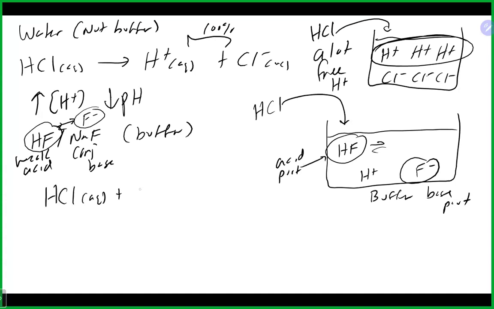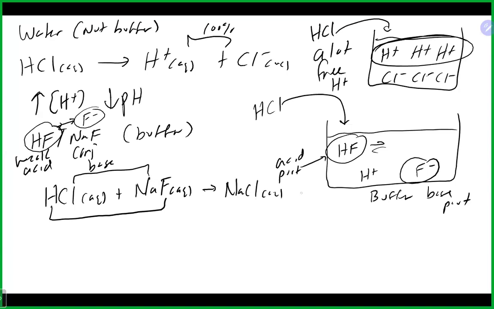The HCl, which is an acid, will react with the sodium fluoride in this example, which is the base, and it will do a double displacement reaction, and form some sodium chloride and some HF. One of the things that very much happens in a buffer is when you add acid or base to a buffer, you actually will use up part of the buffer, but you'll make the other part of the buffer. So it's sort of regenerating a little bit in that sense.